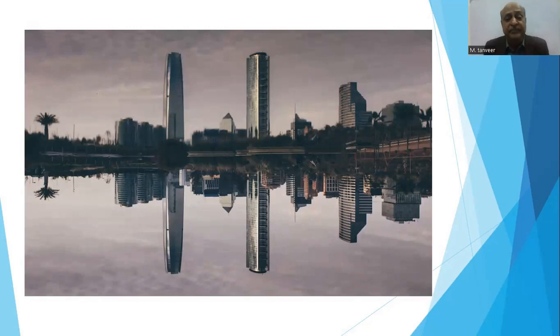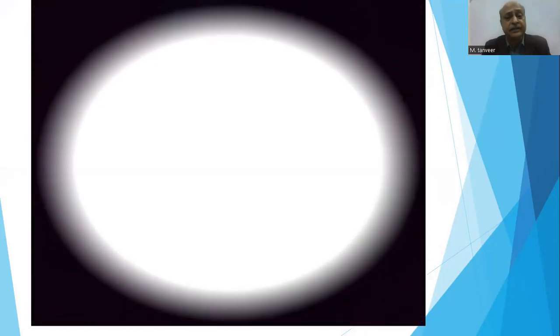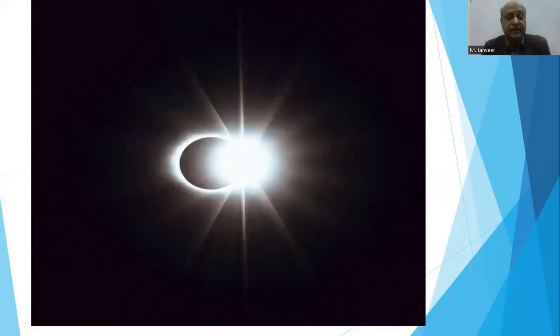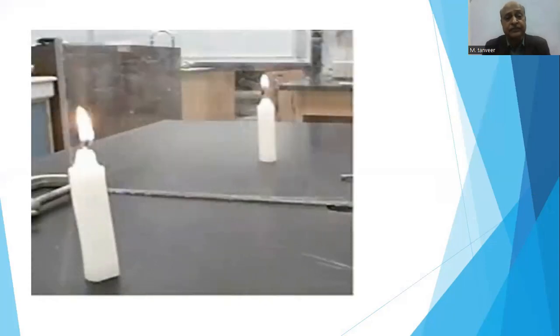How is the image of the building formed in water? We have to discuss this in reflection. Rays of light are coming from the sun. When these rays of light fall on the building, then its image is formed in clear water.